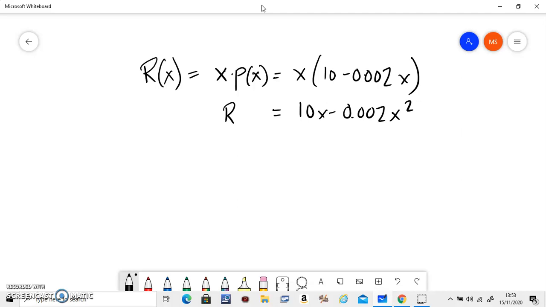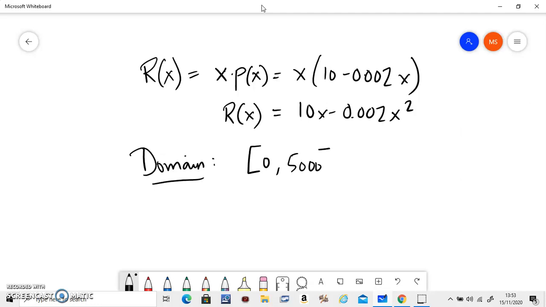This is your revenue function. Okay, now if the question is find the domain of the revenue function. So remember the domain of the revenue function will be the same as the domain of the price function. So you don't have to do anything. All you have to do is just put the same thing here. 0 to 5,000 is the domain.